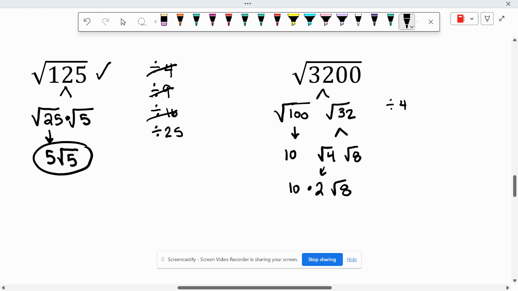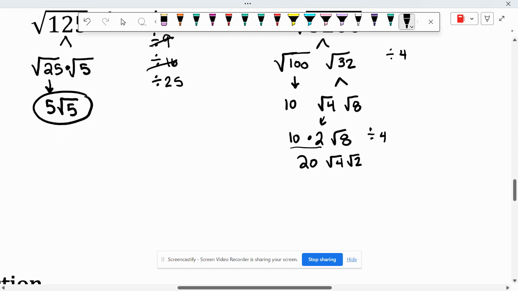Is that divisible by 4? It is. The square root of 8 is the same thing as the square root of 4 times the square root of 2. And 10 times 2 is 20. But what is the square root of 4? So I have 20 times 2 times the square root of 2. And what is 20 times 2?